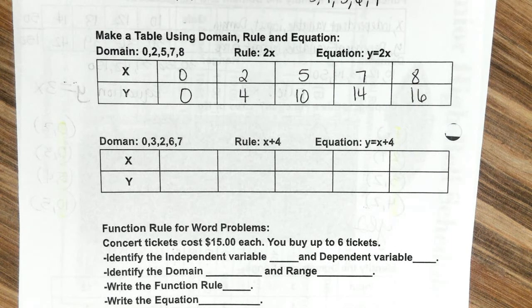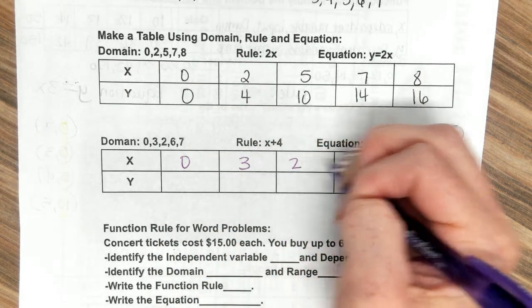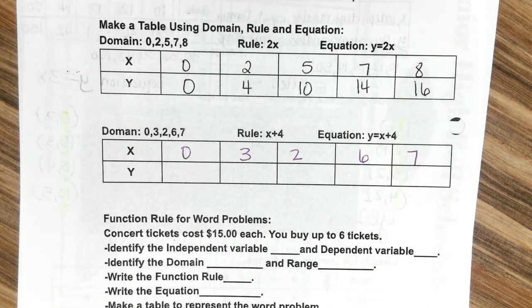Okay, I want you to try the next one on your own, and then just look up at the board to check it with mine. What did y'all see weird right away? Yeah, the domain's not listed in order, correct? Does it matter though?